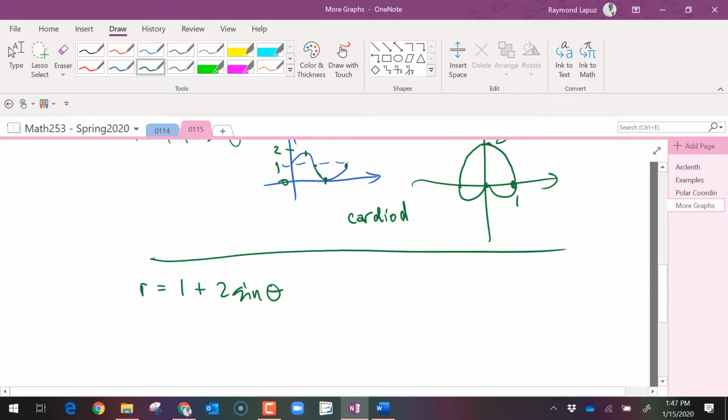Let's try another one. So 1 plus 2 sine theta, amplitude 2, shifted up 1. So amplitude 2, shifted up 1. The sine.